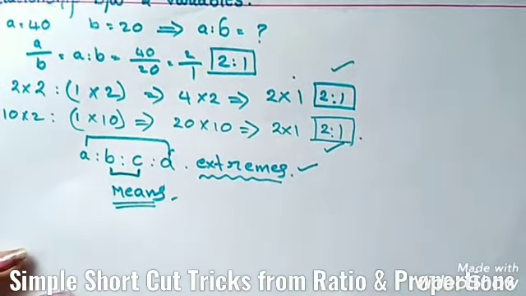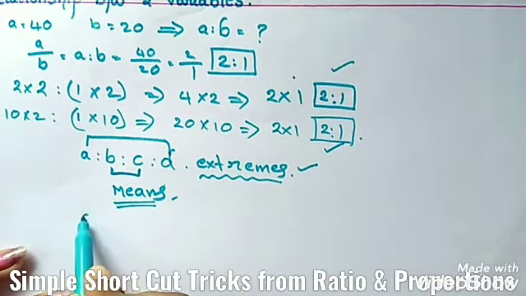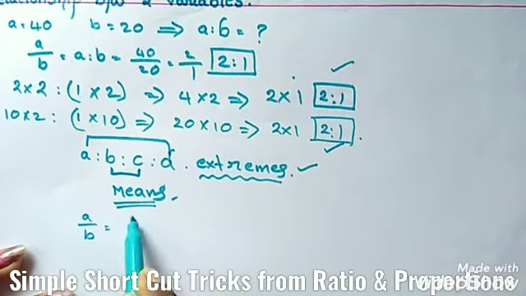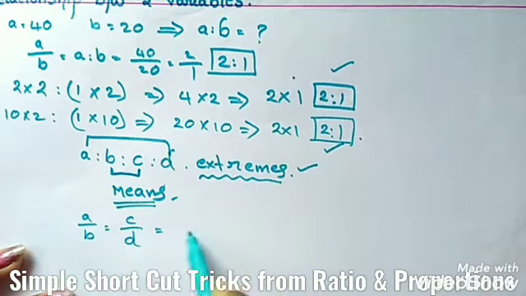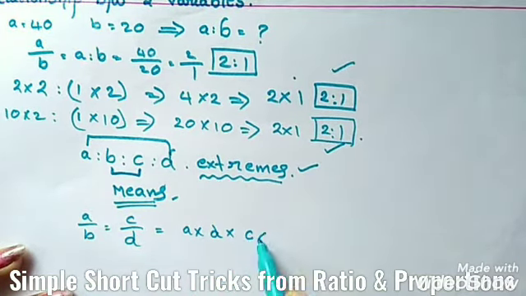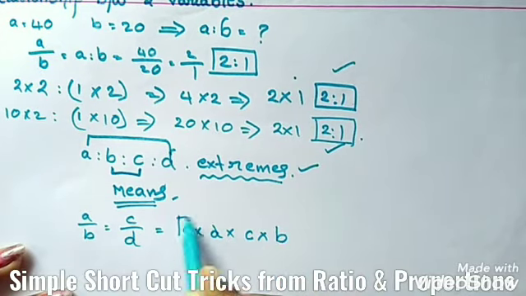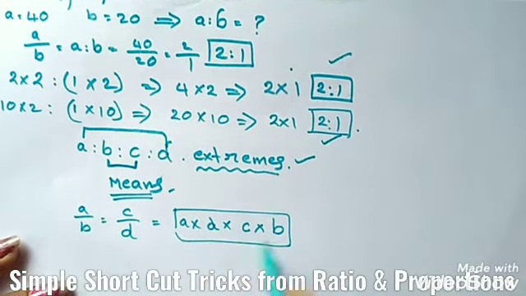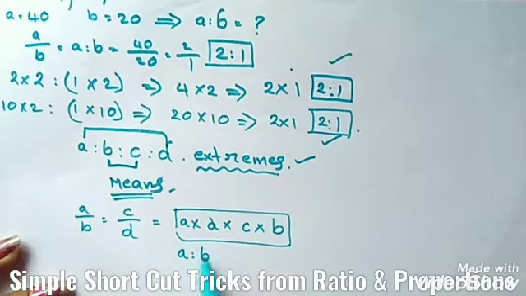And here is the main formula you have to remember: a by b is equal to c by d, that is, a into d is equal to c into b. This is also we can represent like this: a is to b is equal to c is to d.